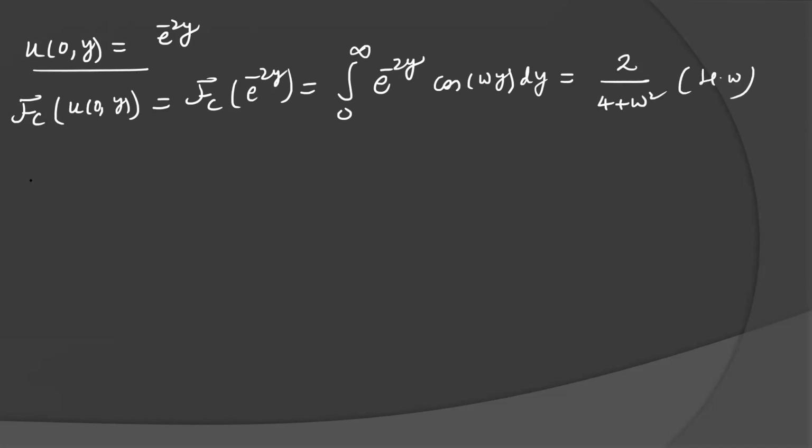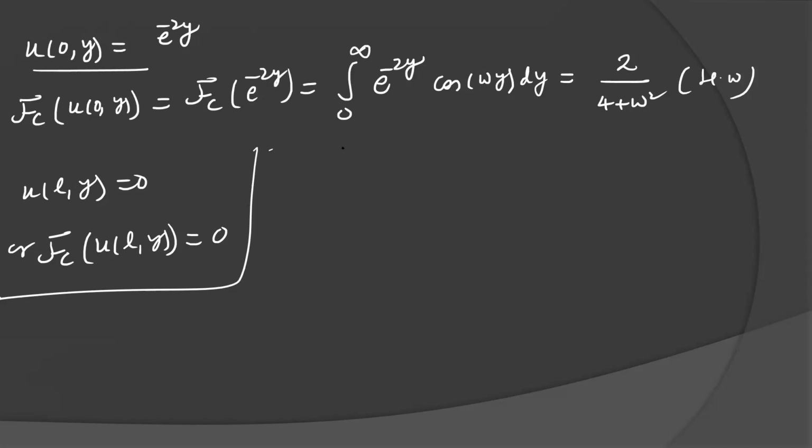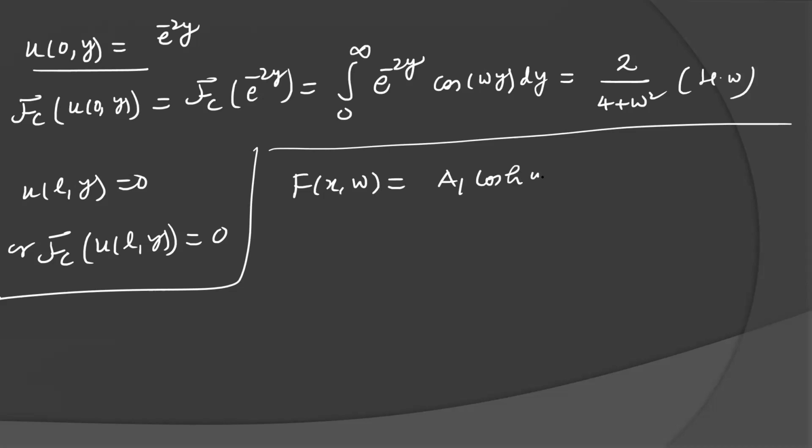The second condition is given: u(L, y) equal to 0, or the Fourier cosine transformation of u(L, y) equal to 0. Now, what we have here is f(x, omega) equal to A1 cos hyperbolic omega x plus A2 sin hyperbolic omega x.